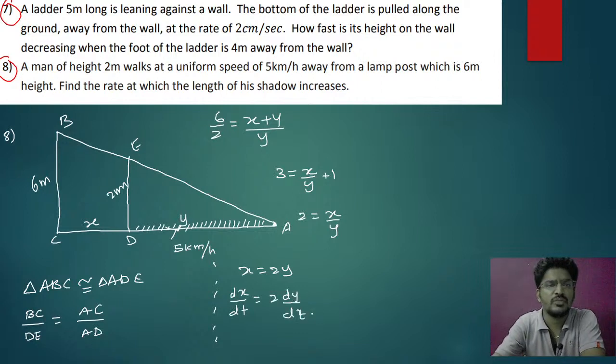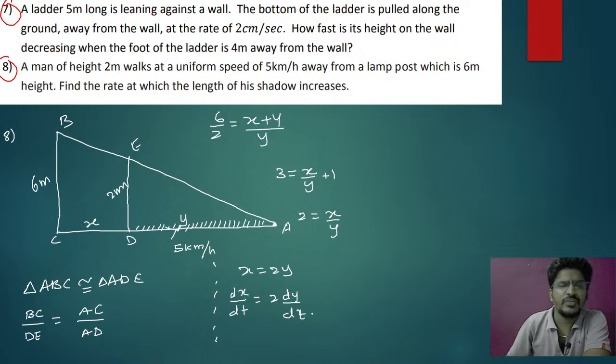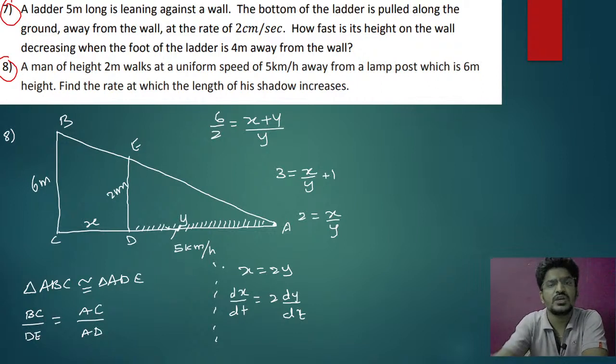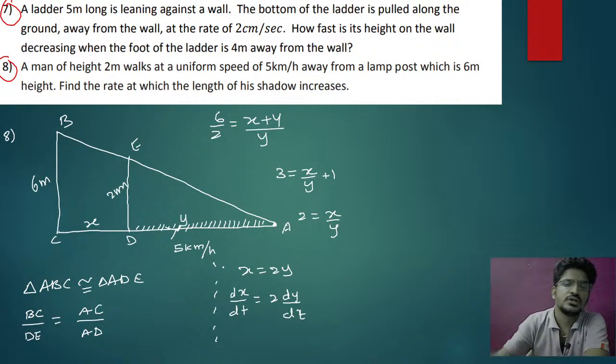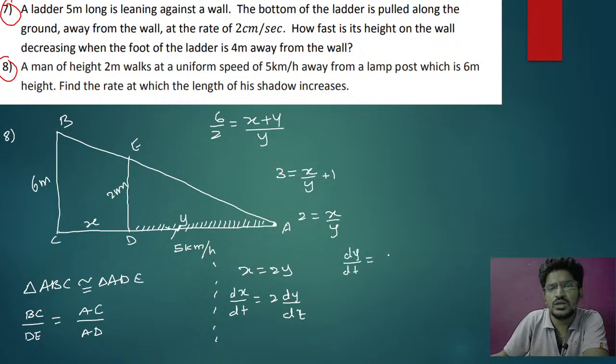So dx by dt is 2 dy by dt, and now dy by dt will be equal to 1 by 2 into dx by dt.